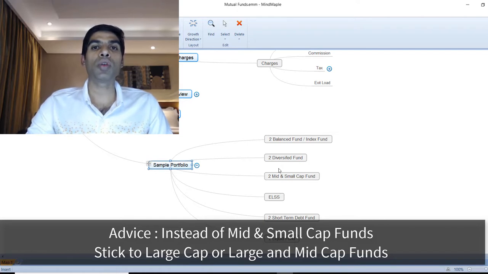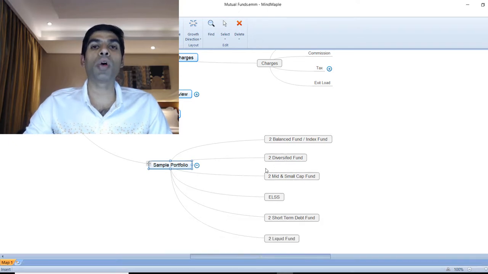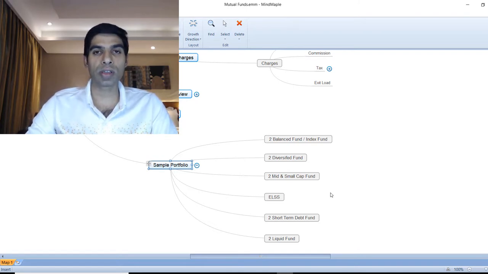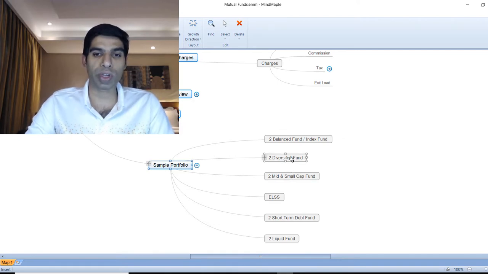And the fund manager would not have the option of moving the fund from small and mid cap to large cap, because the fund's mandate is that the investment would be kept in small and mid cap companies, right? In a diversified fund, there are no such restrictions. The fund manager can freely move from large to mid and small depending on the market situation.